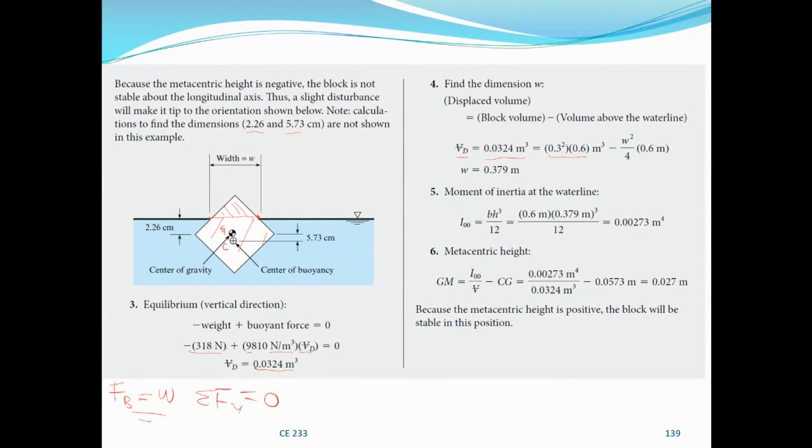If you look at this, to find the volume above the water line, this is like an isosceles triangle. You must have learned the different types of triangles. An isosceles triangle is one in which two sides are equal.